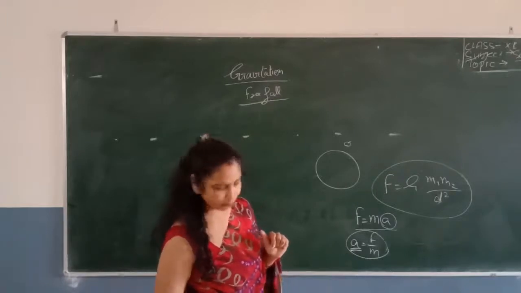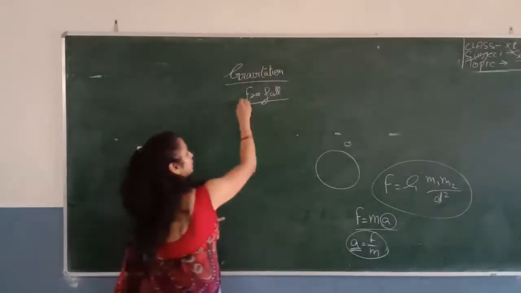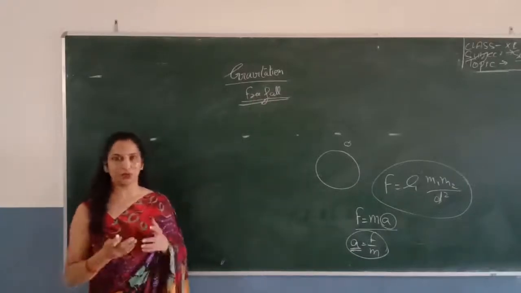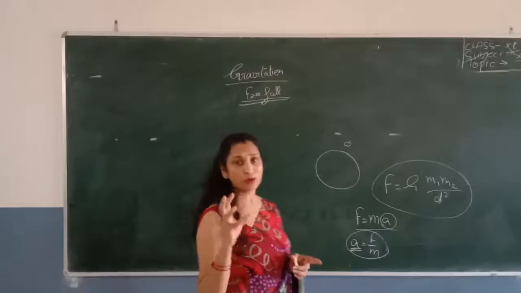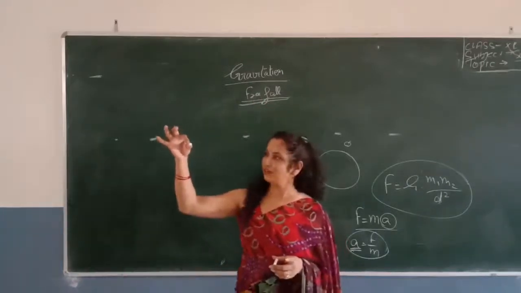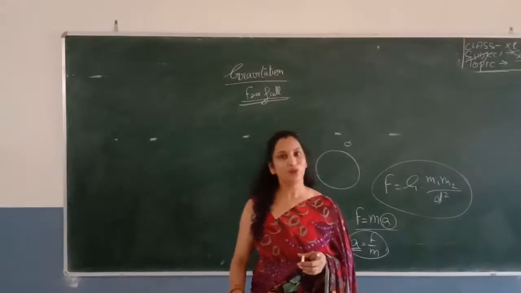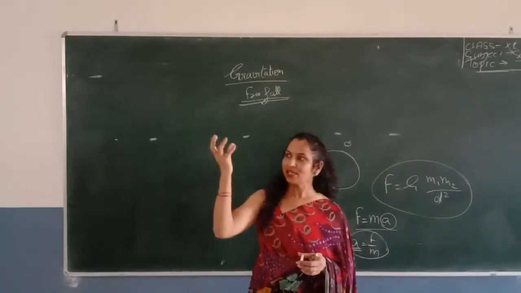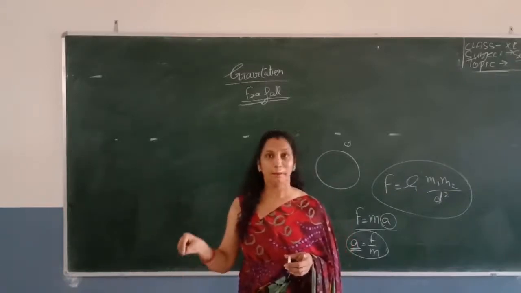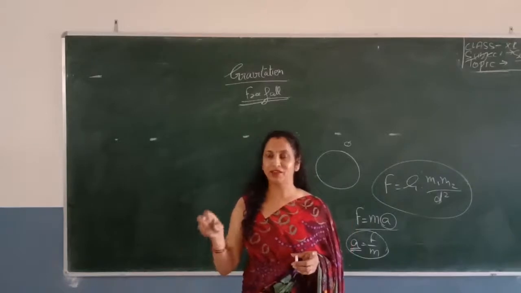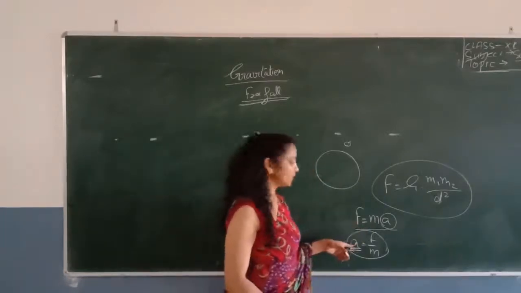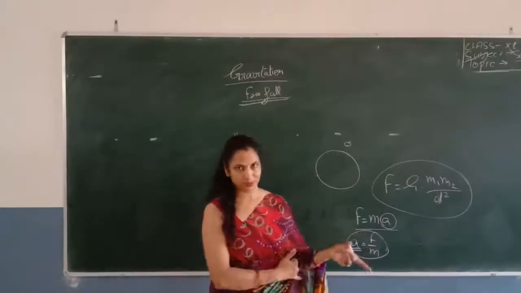Now let's talk about free fall. The topic is free fall. So now we are going to understand the meaning of free fall. If you drop something from a height, like this is a small chalk, and we drop it from a height, then what happens? This chalk moves towards the earth because the earth exerts a force on this chalk, due to which acceleration is produced in the chalk and it moves towards the earth.